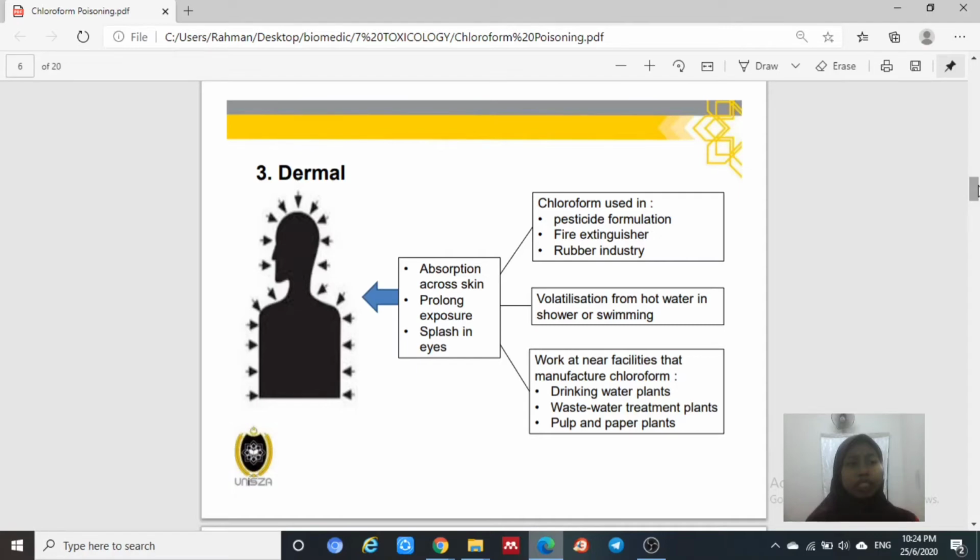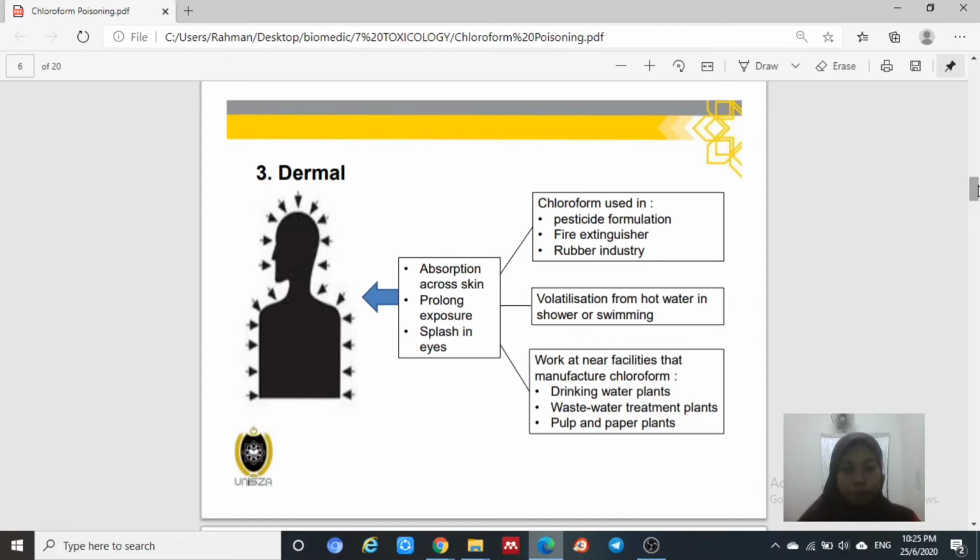So basically, the chloroform is widely used in pesticide formulation, fire extinguishing, and also the rubber industry. Okay, if someone handles these sources of the chloroform, they will easily get exposed to this chloroform.